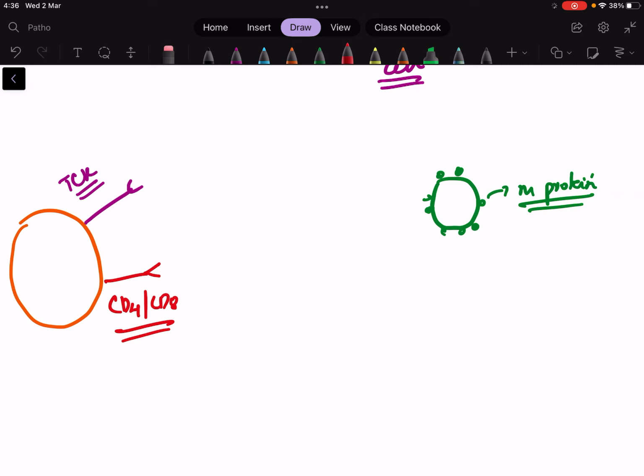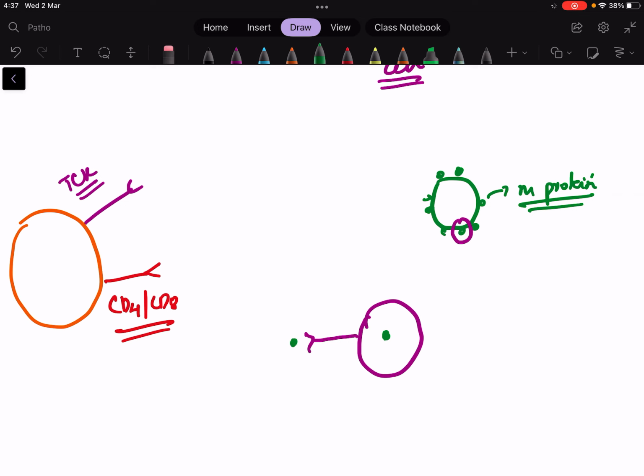So what will happen? Your body will produce a cell called a dendritic cell, which will go and take a bite of your M protein, and once it does, it gets digested inside the dendritic cell, and then it is displayed on the surface.